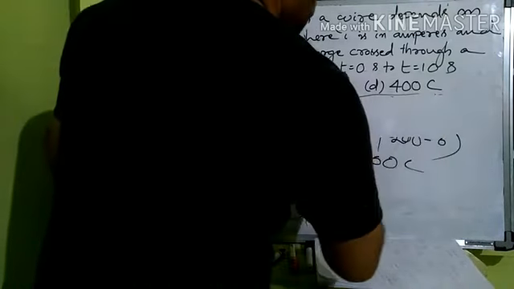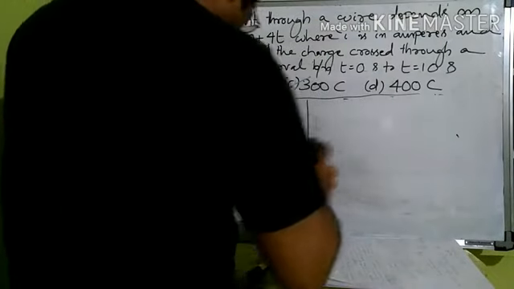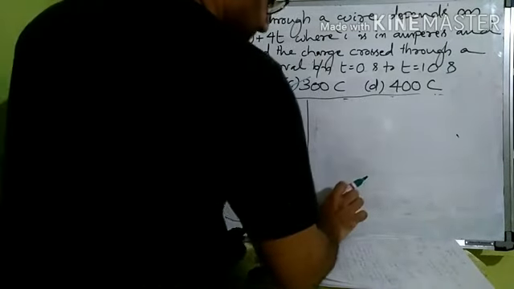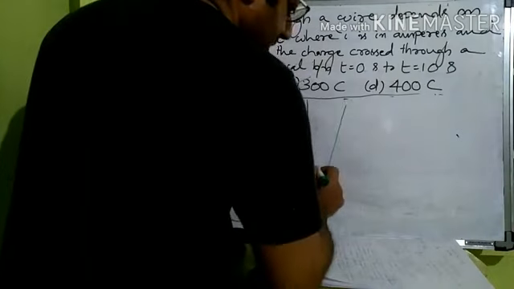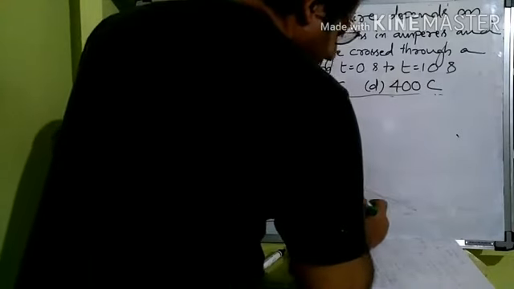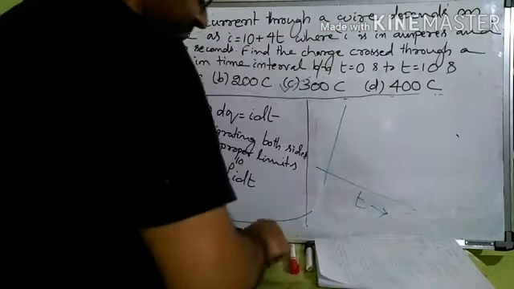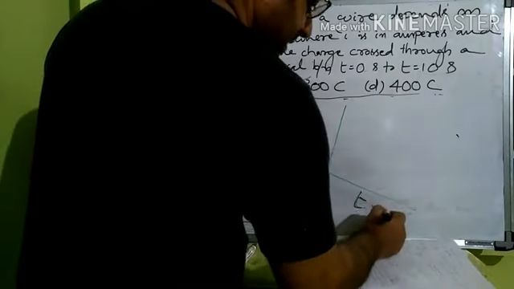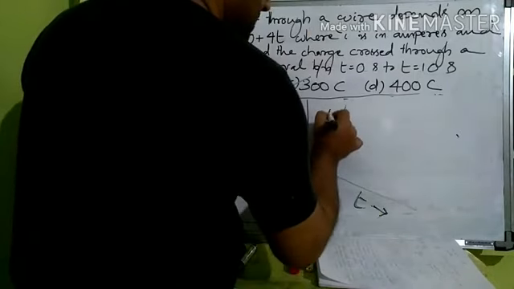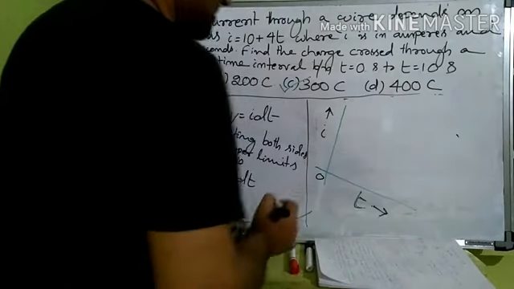Now see, if somebody does this in the graphical method, if we are taking t along the x-axis and I along the y-axis, let us say this is 0.